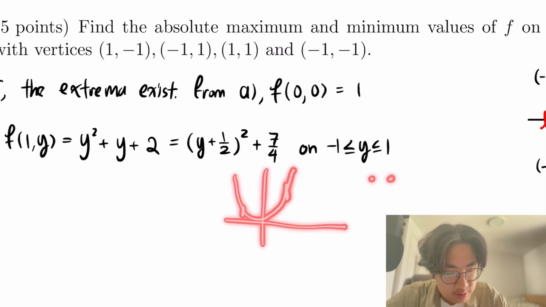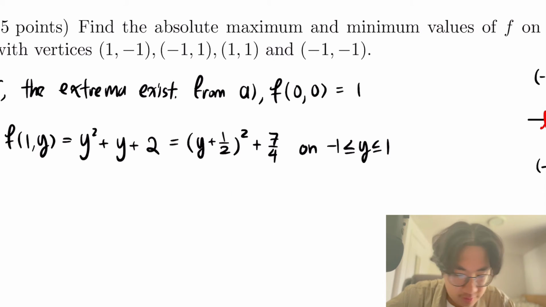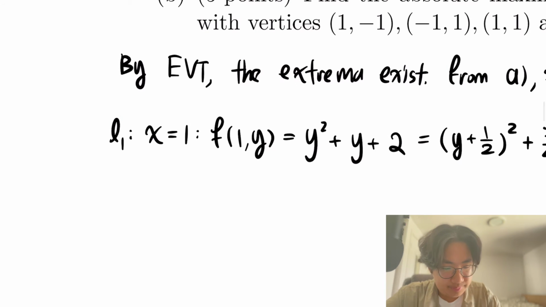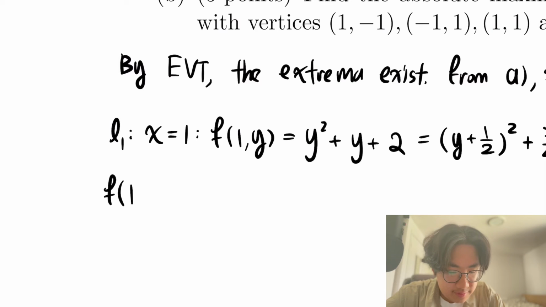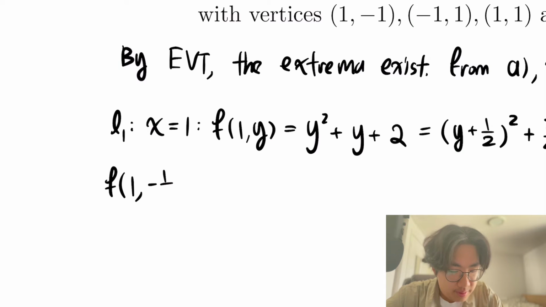So the vertex would be the minimum, with y = -1/2, and the value there is 7/4. So y = -1/2 here would be the minimum. So f, with x fixed to be 1 and y the minimum value, we'll just evaluate both.